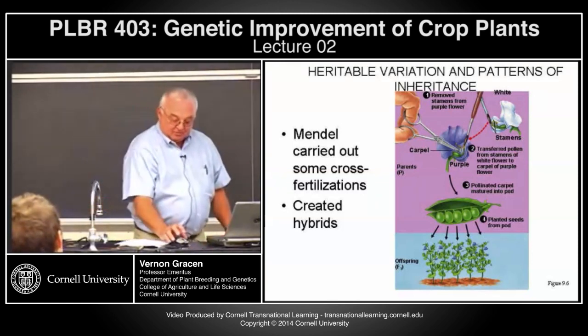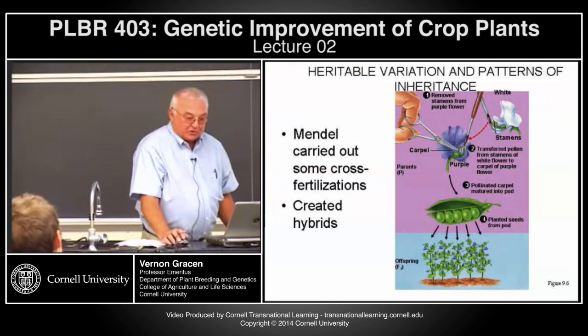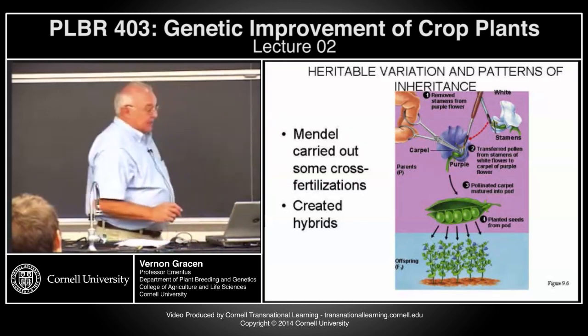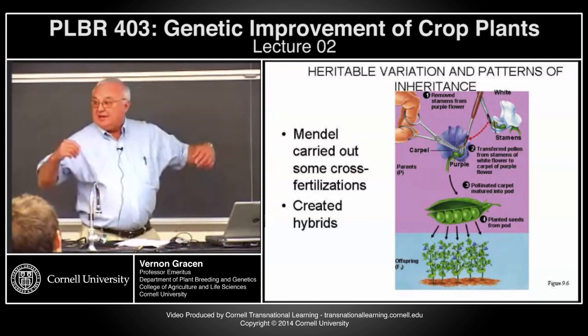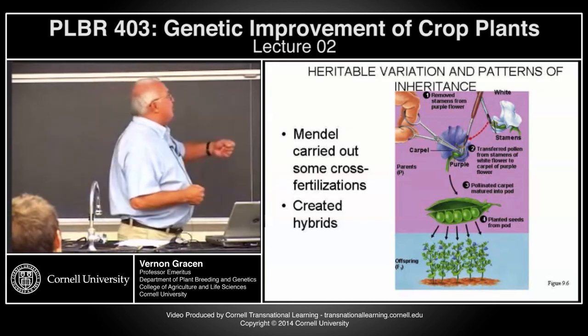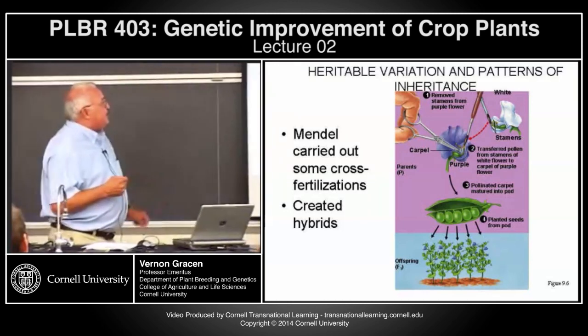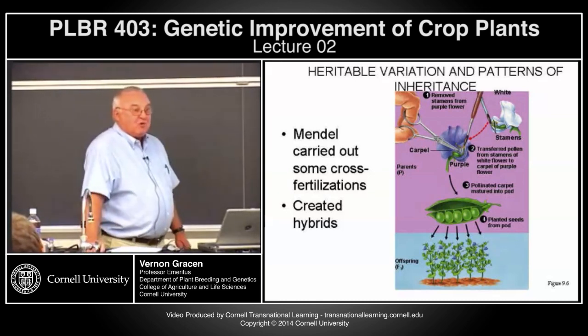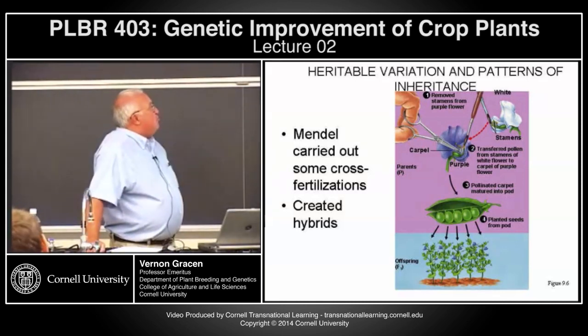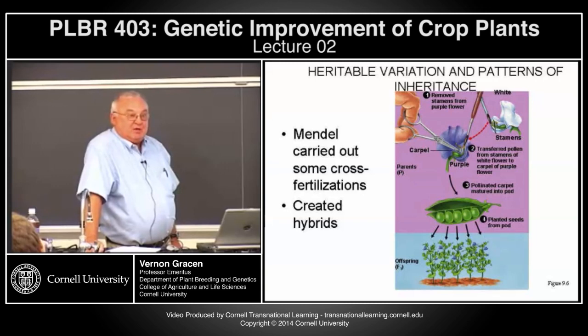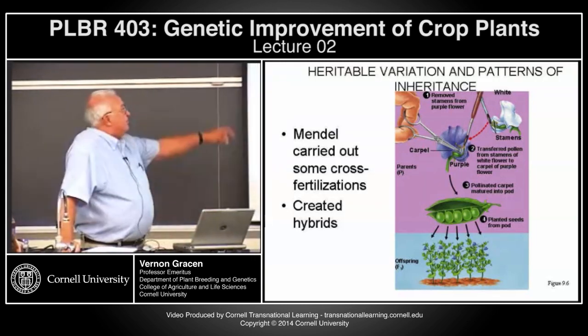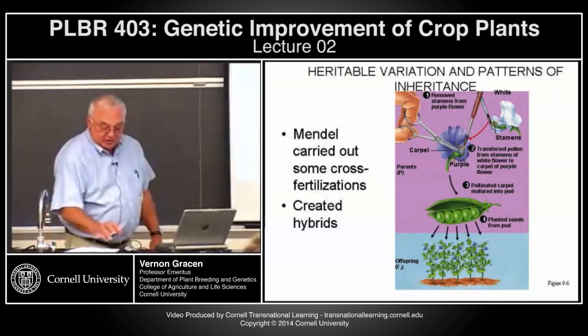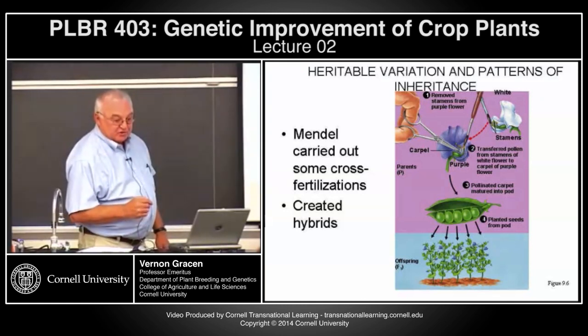Basically, he made some crosses and created some hybrids, and we'll talk about this in more detail, and now is where I wish I had that nice long pointer. He started with flowers of different phenotypes, either purple flowered or white flowered. He had to remove the stamens, or the anthers, from the purple type, and he then used the white type flowers as a source of pollen.